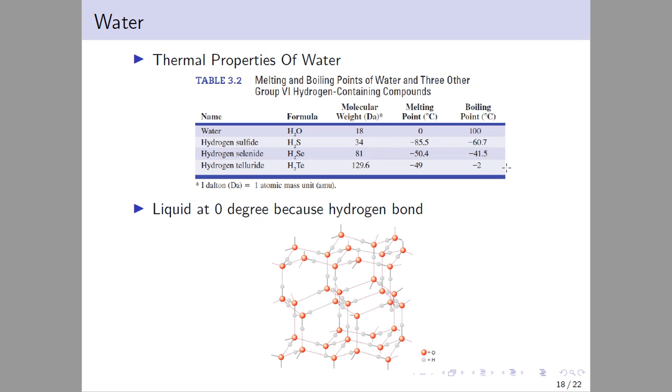So why? Because water is liquid at 0 degrees because of hydrogen bonds. Water does hydrogen bonding with other water, so in order to melt it, we need to cut the hydrogen bond first.